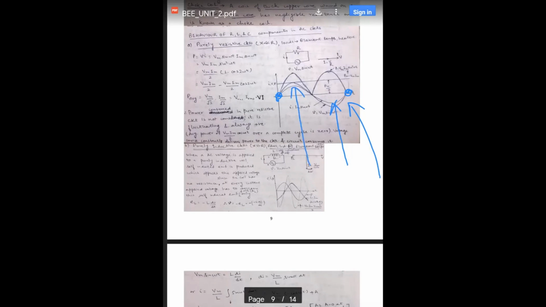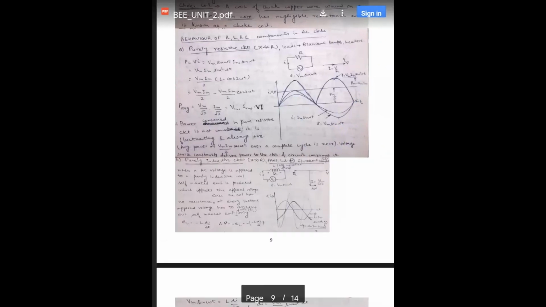But if it is vice versa, then the voltage waveform will be small and current will be different. Now the instantaneous value of the power, v i, becomes Vm Im sin square omega t.